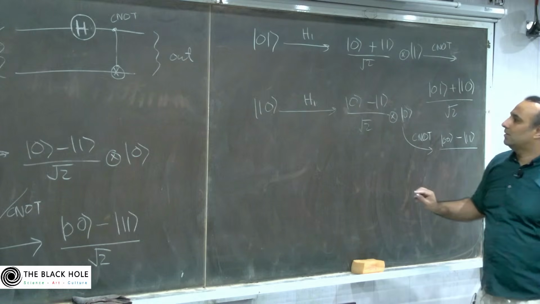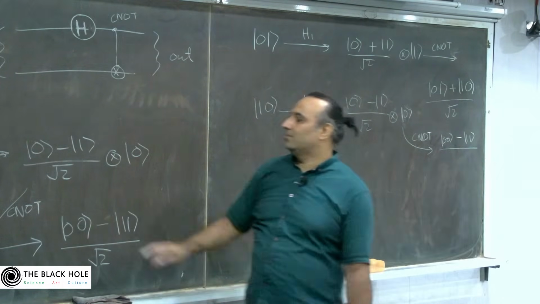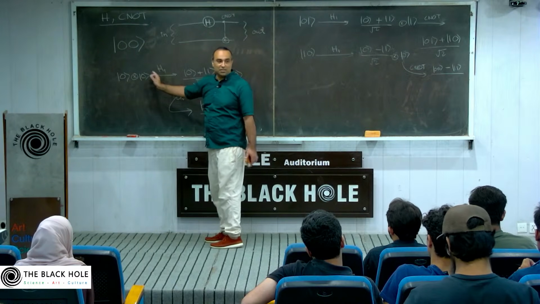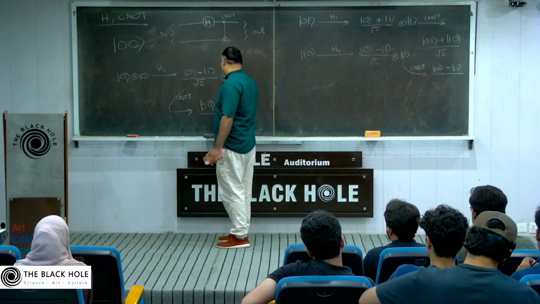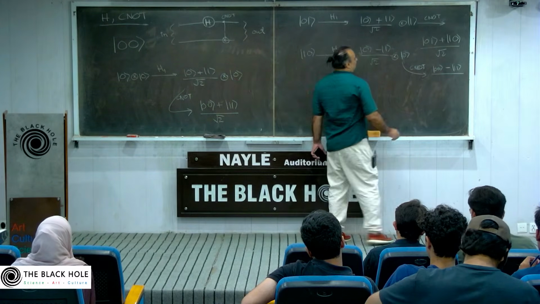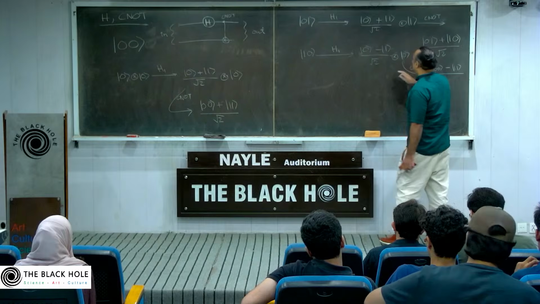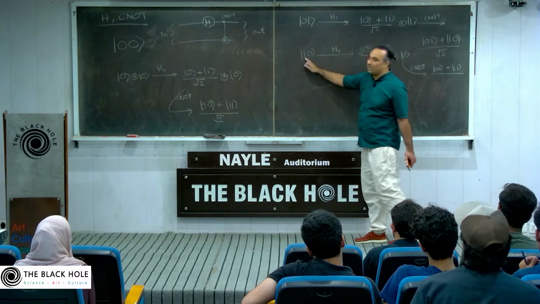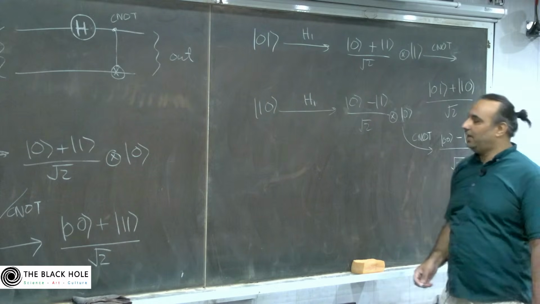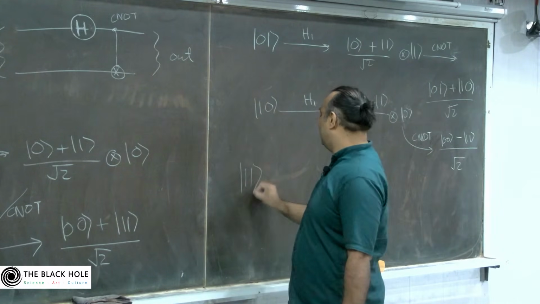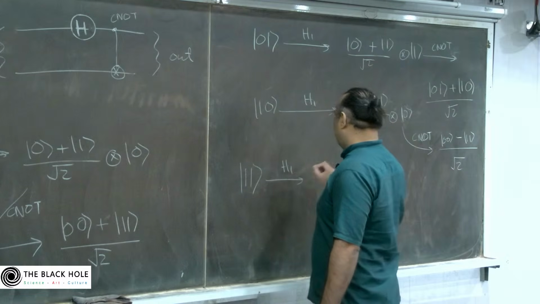The first one that you did, 0 0. Oh, okay. So this H changes 0 to 0 plus 1. So here it changes 1 to 0 minus 1. Okay, so this is another.